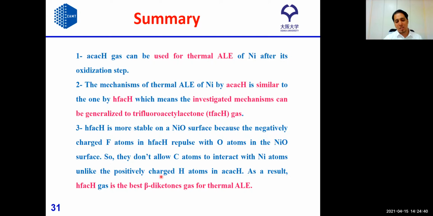Unlike acacH, the positively charged hydrogen atoms will go closer to oxygen atoms of the nickel oxide surface, which allows carbon atoms in acacH to interact with nickel atoms, which causes its instability. As a result, hfacH is the best beta diketone gas for thermal ALE.